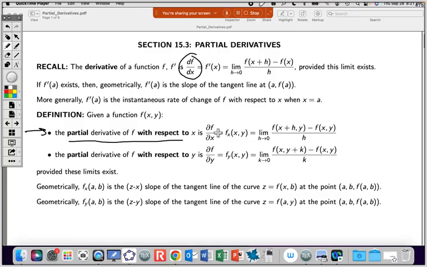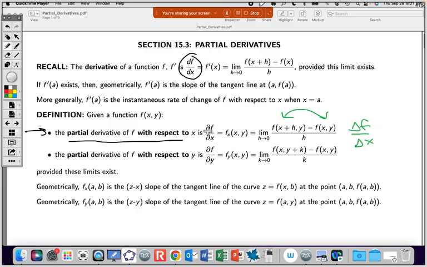In this case, we're looking at the rate of change of f with respect to x. So notice what's happening here. x is changing. We're looking at changing the x by how much? By h. We're looking at the change in the function with respect to x. So this is your delta f over delta x. All right?